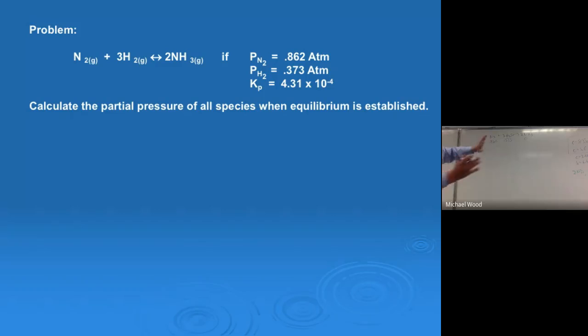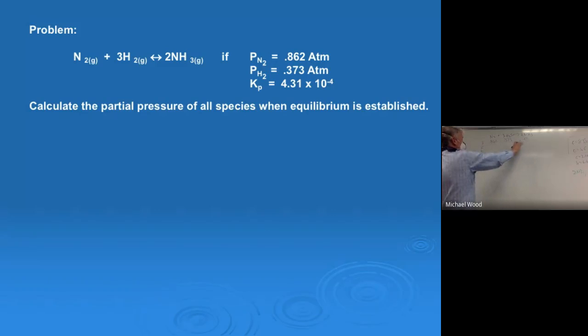As awful as that last problem was, and it was pretty awful, this one is going to present some good news. So if I go now to my ice table, the key thing in the ice table, in the I row, I have my initial amounts, so I'll have the reactant initial amounts. Over here, I'll have 0.